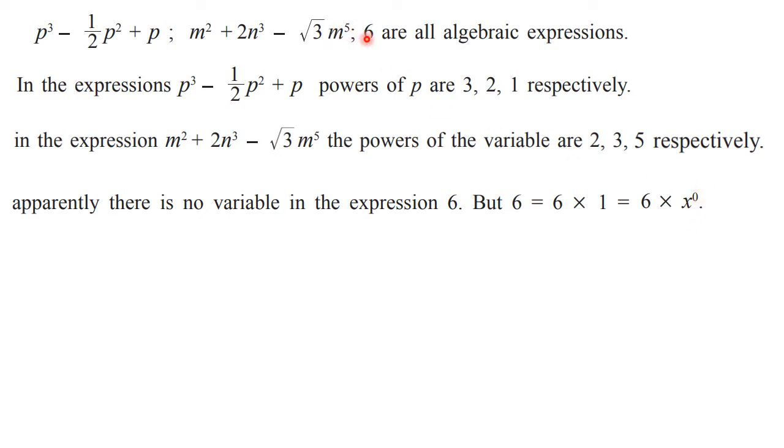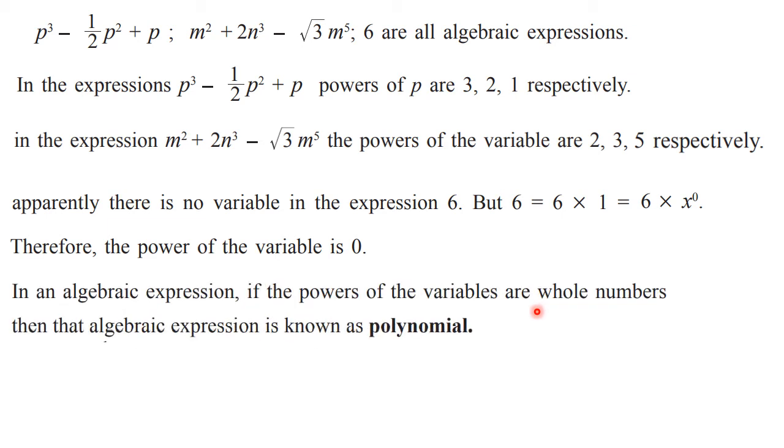Even though the variable is not visible, the variable is present there, but its power is 0. So this is also an algebraic expression, and for this particular algebraic expression, the power of the variable is 0.